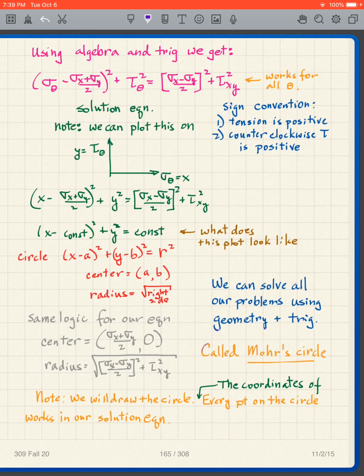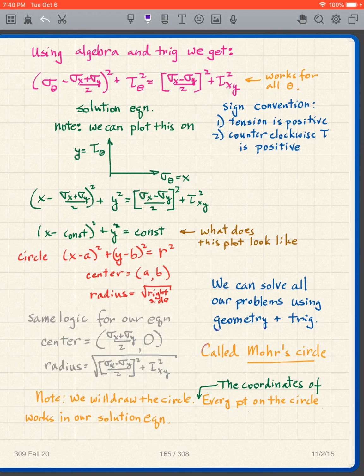So I'm going to substitute in this expression, putting in x for that and y for that. See what we have. Well, this equation then becomes, x minus something quantity squared plus y squared equals something.